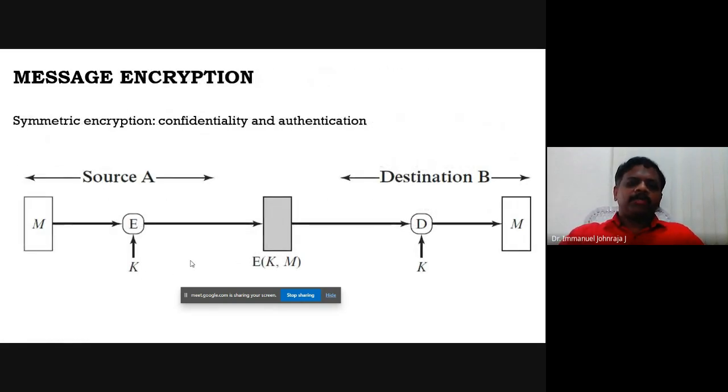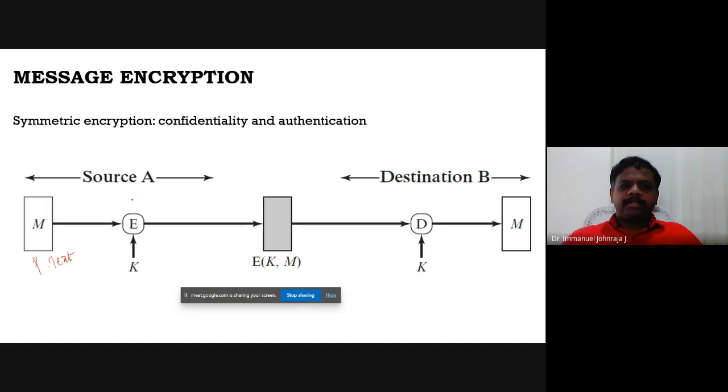How do you think message encryption can give you confidentiality and authentication? On the screen, we have the symmetric encryption. Nothing difficult or critical for me to explain to you. It is known to you already, but still for completeness, you have your message here. This is the plain text available at the source, right?